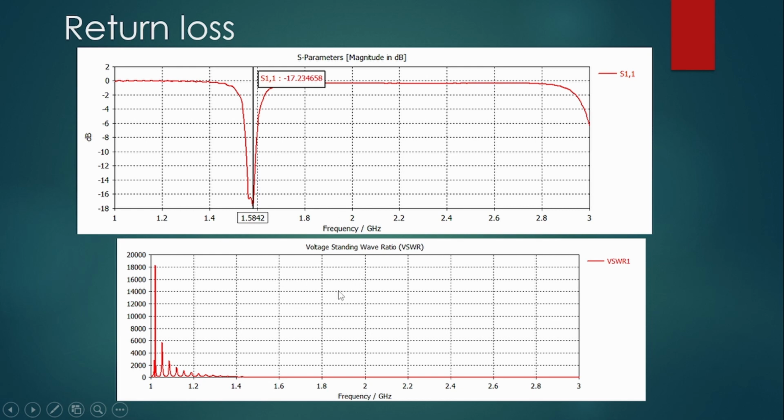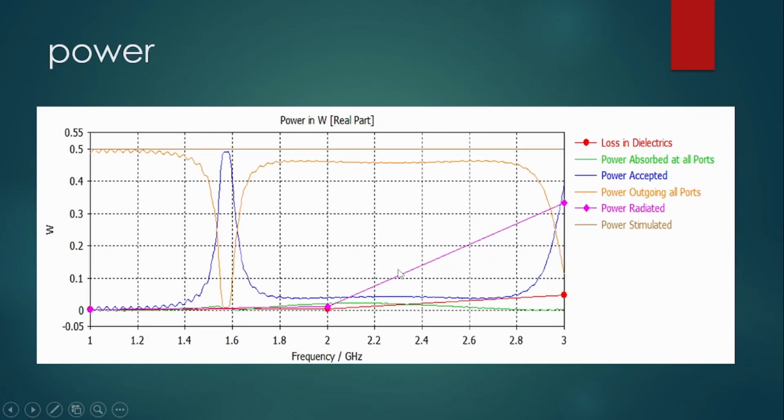This is the voltage standing wave ratio. This is the result for power loss in the electric power absorbed at all ports. Blue color is power accepted, orange color is power outgoing at all ports, power radiated, power stimulated.